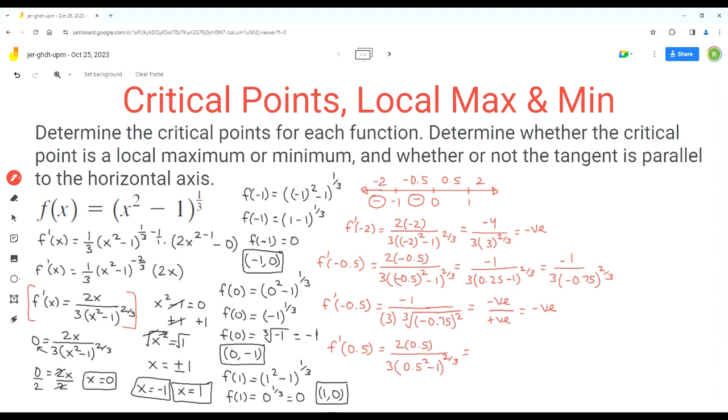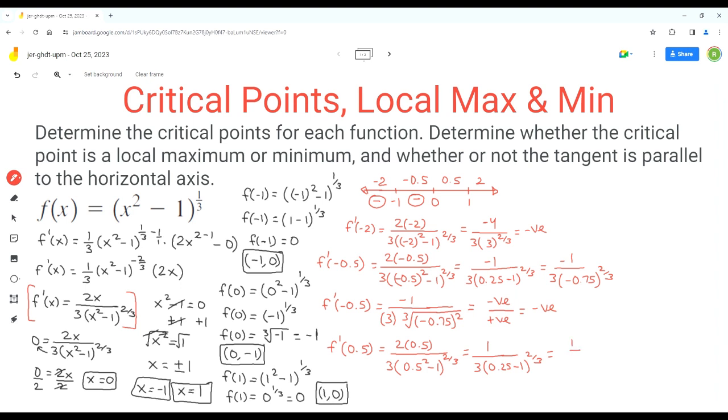So in the numerator we just get 1, and in the denominator 0.5 square is 0.25, so 0.25 minus 1 exponent 2 over 3. So we are getting the same expression that we got in the denominator for x equals -0.5.